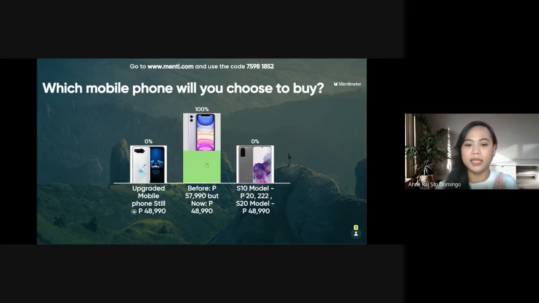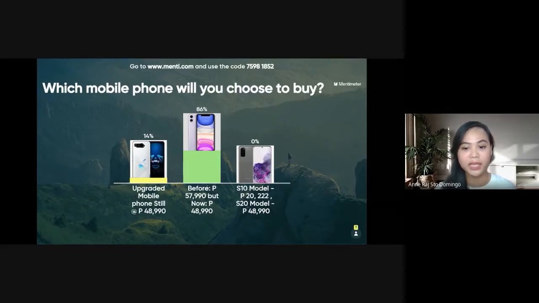The first phone you can buy is the upgraded phone, at 48,990. The second phone, before, was 57,990, but now it's 48,990. And the last phone, the S10 model, you will upgrade to the S20 model for 48,990 pesos.